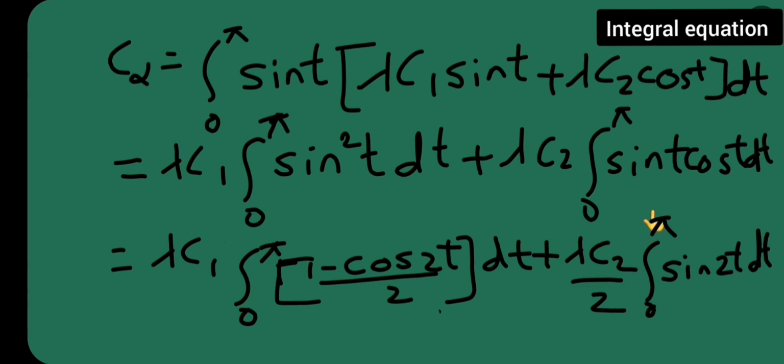How is it? Sine of t into cos of t is sine 2t upon 2, but that 2 I have taken outside the integral. So plus lambda c2 upon 2 integral from 0 to pi sine of 2t dt.